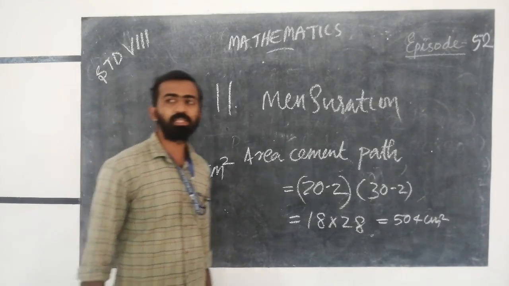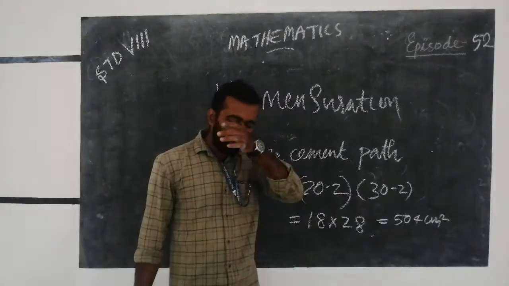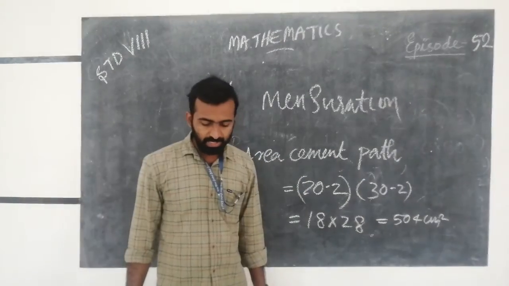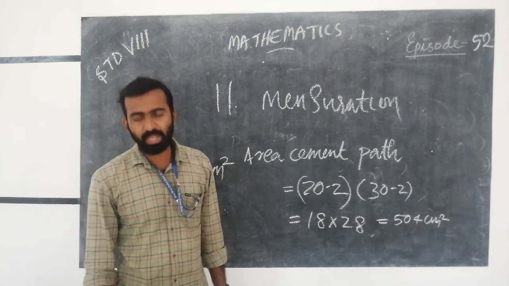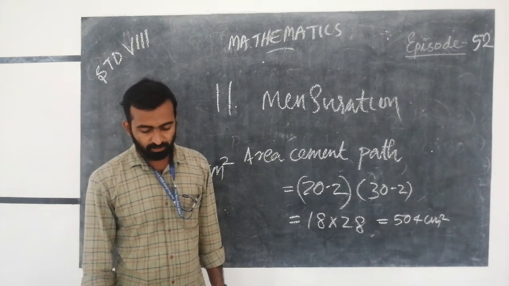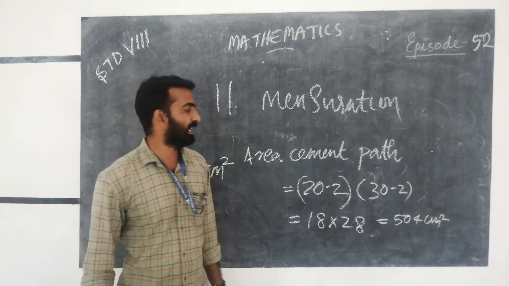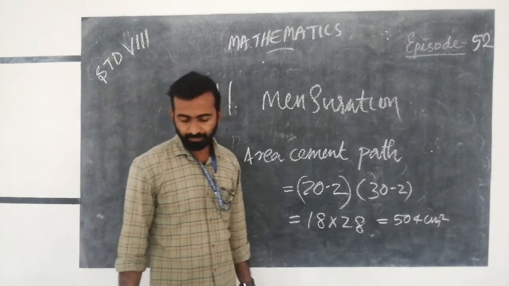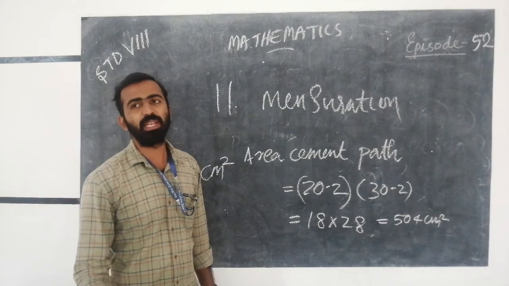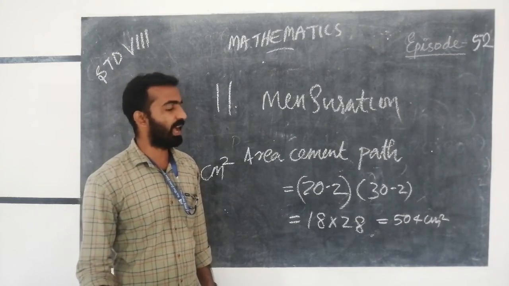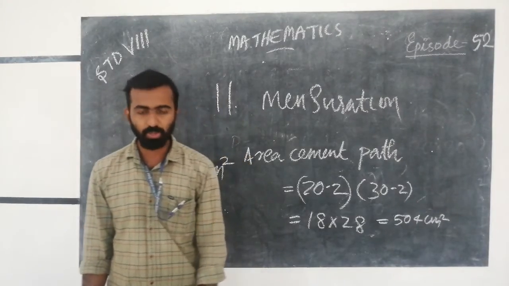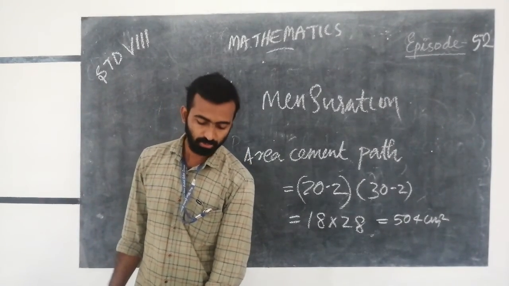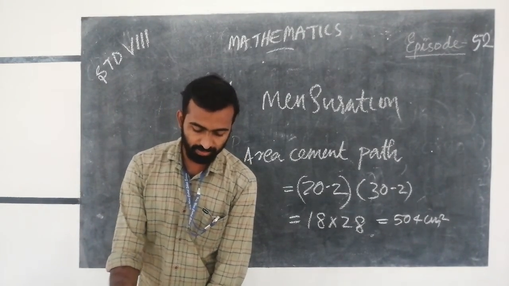And next, number of bags required to construct the path is equal to area of path divided by area cemented by 1 bag, that is 96 by 4, we get 24. So 24 bags are required to construct the path.